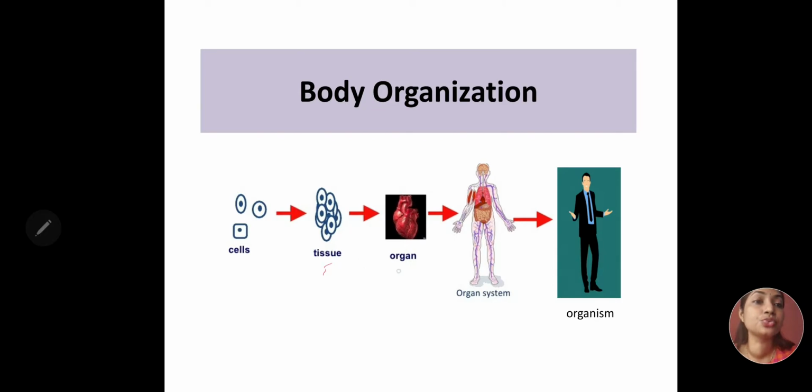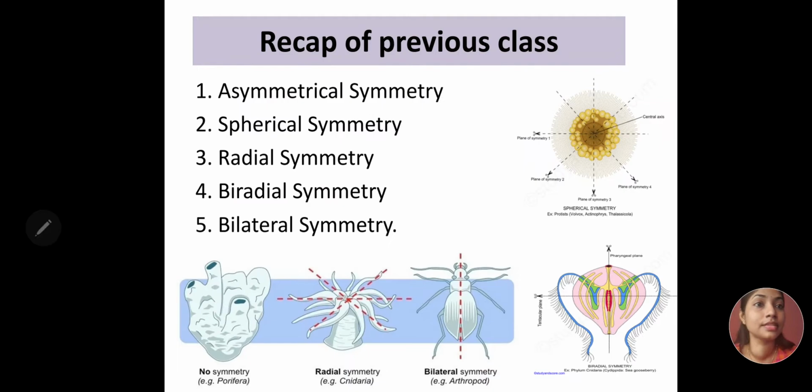Several such tissues aggregate together to form an organ, and several such organs coordinate with each other to form the organ system, and several such organ systems comprise an organism. So this is what is known as body organization.